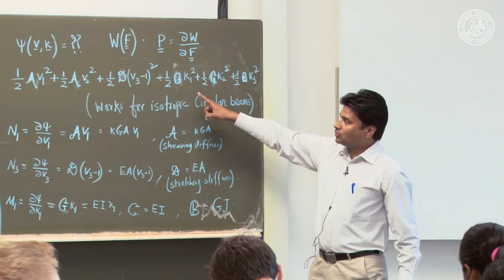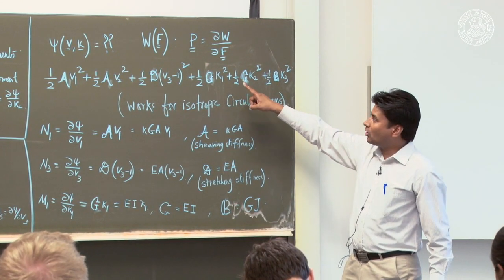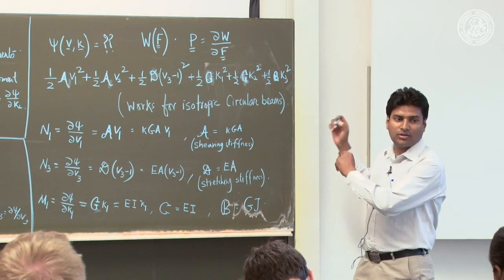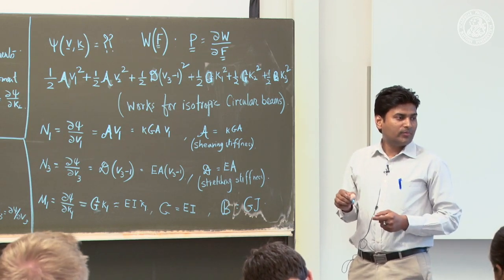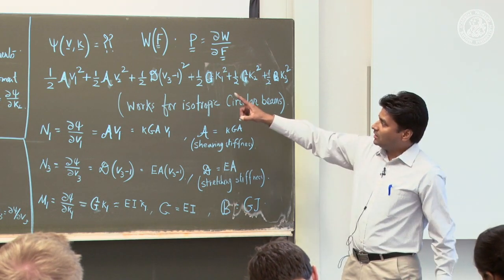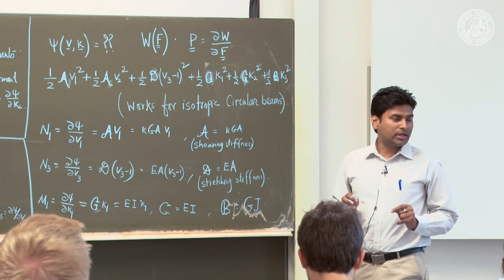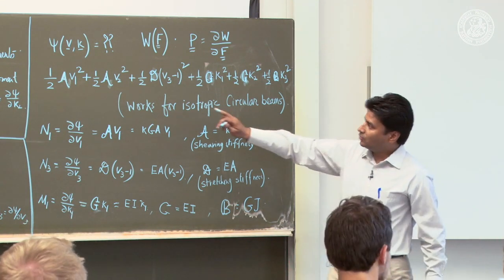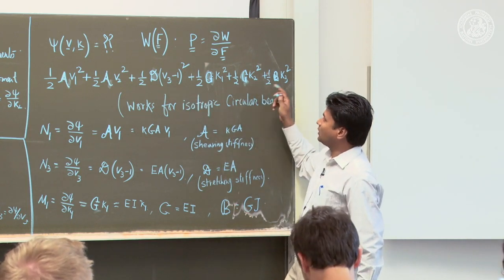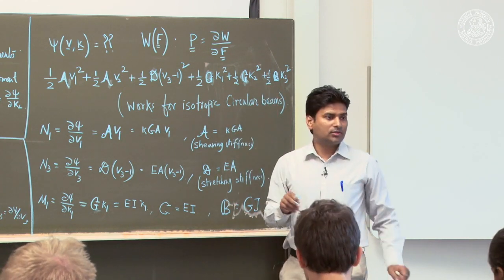Of course, we only took the quadratic form here. We could also have thought about using the cubic terms and the fourth order terms. But those terms get activated only when the strains are large. If the strains are small, so if V1, V2, V3 minus 1, K1, K2, K3 are small enough, then just the quadratic form works, right?